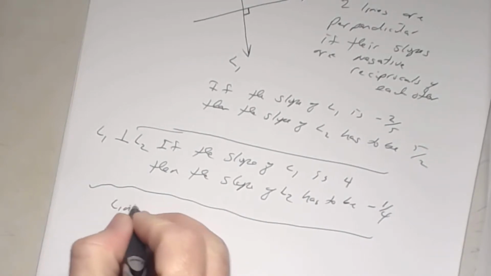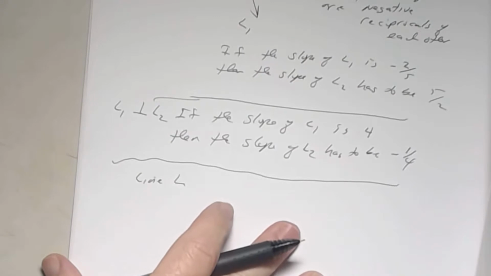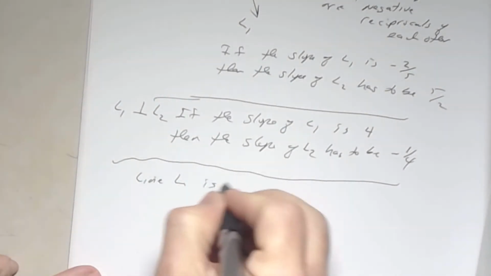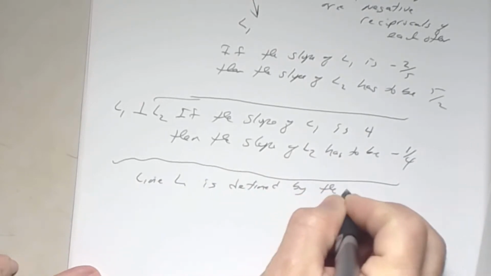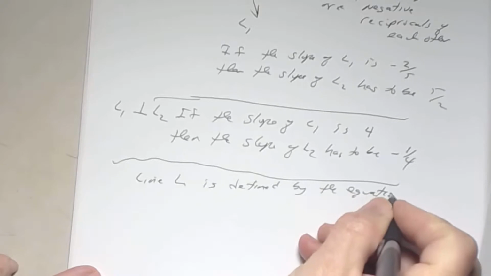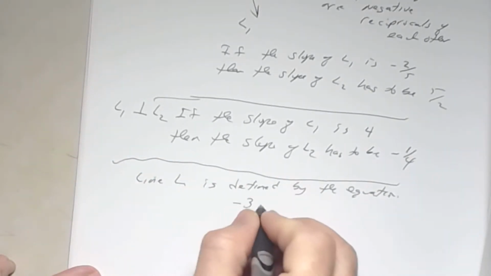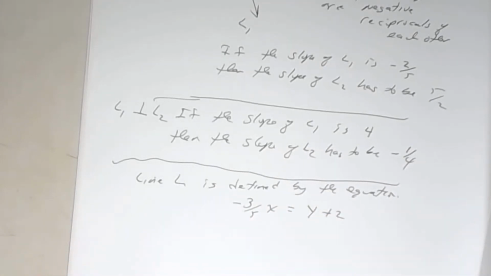Your final is going to say something like this. Line L is defined by the equation, and here's the equation: negative 3/5 x equals y plus 2. Okay? So line L is defined by that equation.